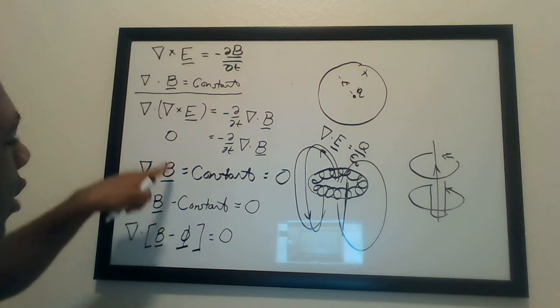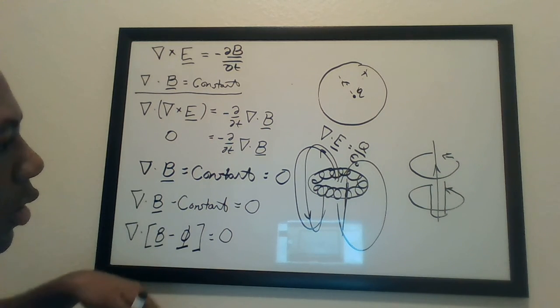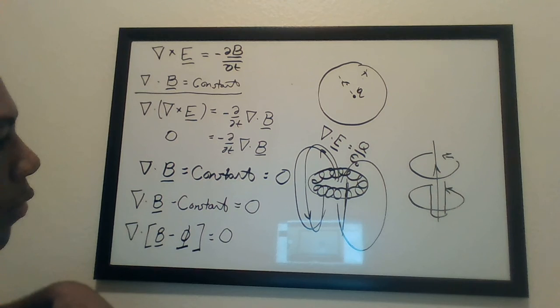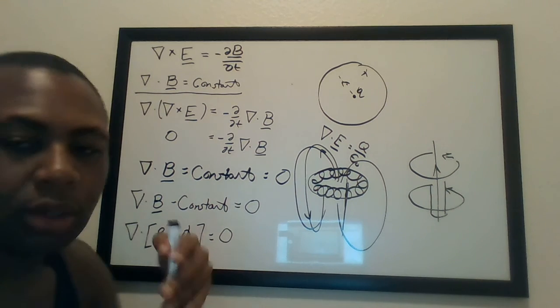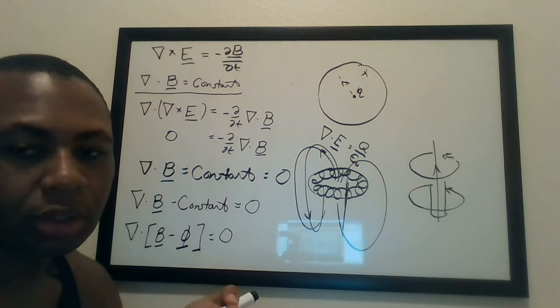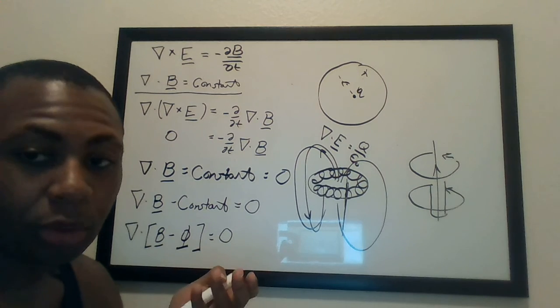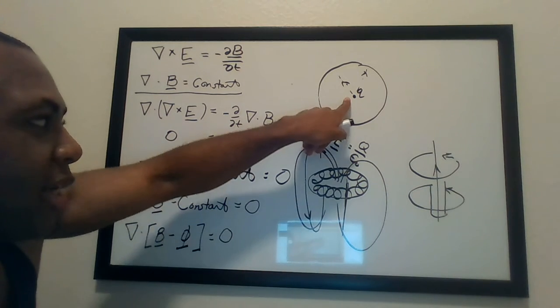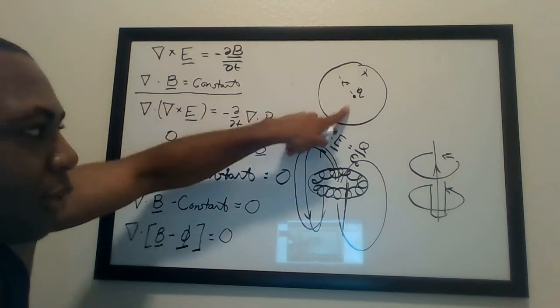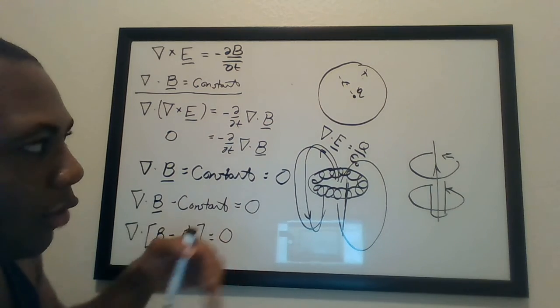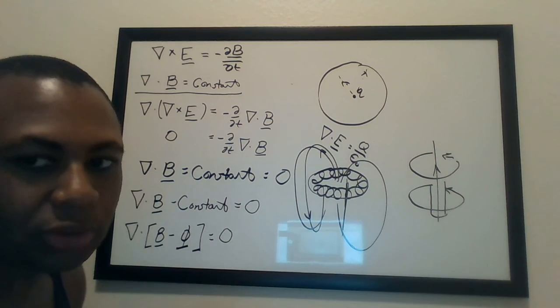All this is to say that physicists have not found a magnetic monopole, such that you have magnetic field lines just emanating from a source without ever converging back onto that source.